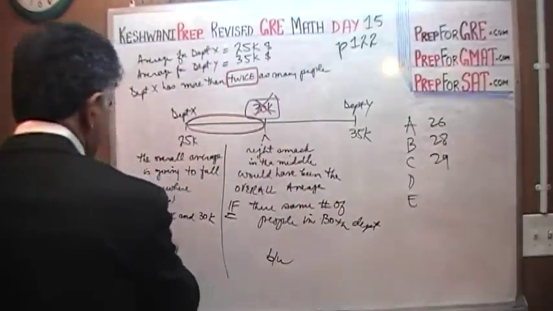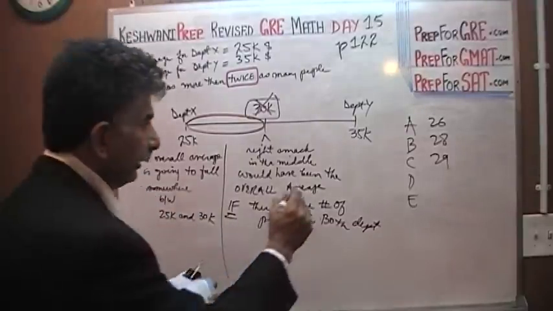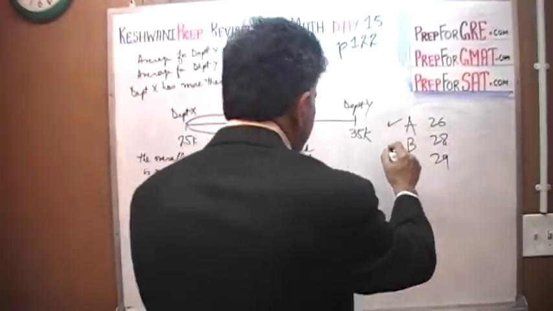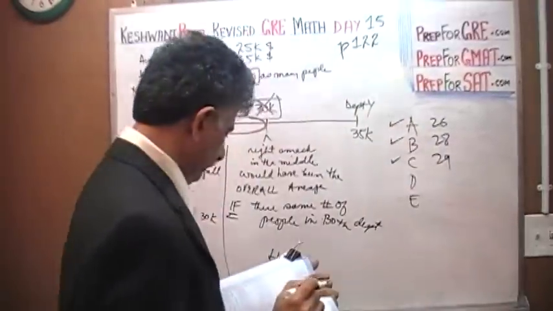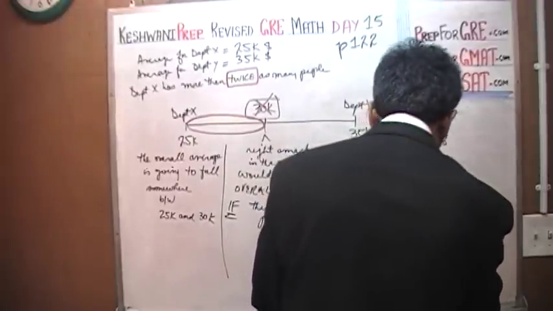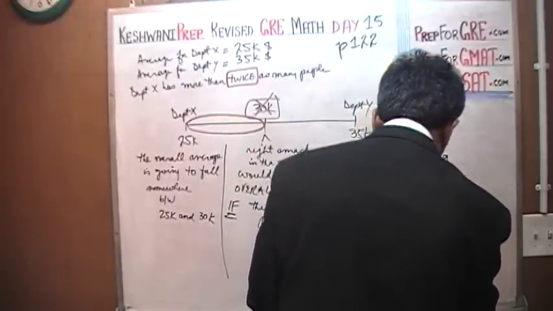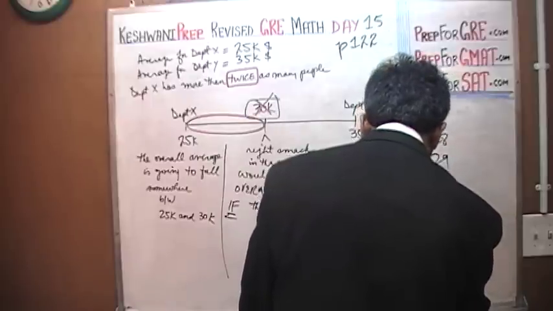It could fall between 25 and 30. If it can fall between 25 and 30, then A is a possibility, B is a possibility, and C is a possibility so far. D says 30, E says 31, F says 32, and G says 34.